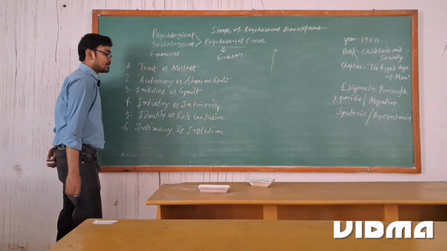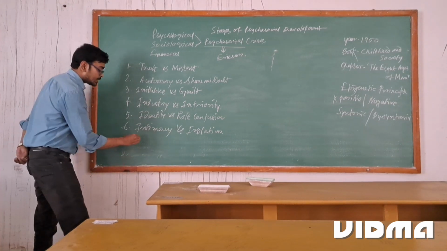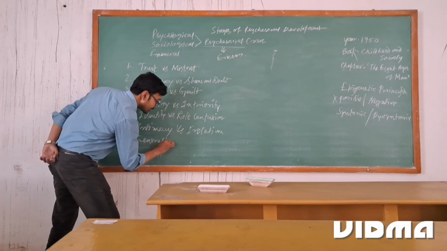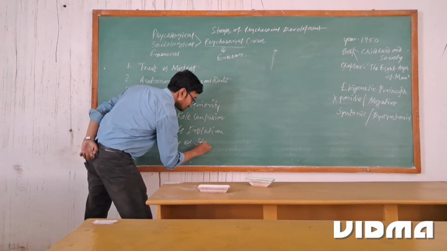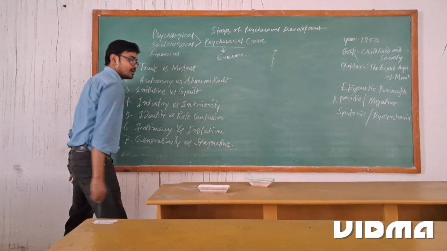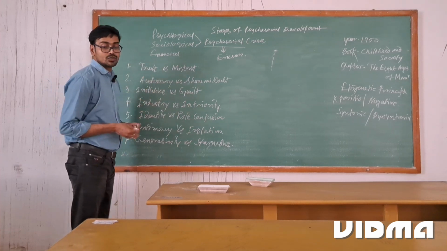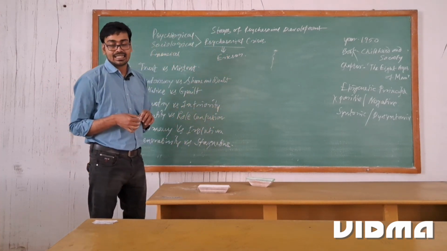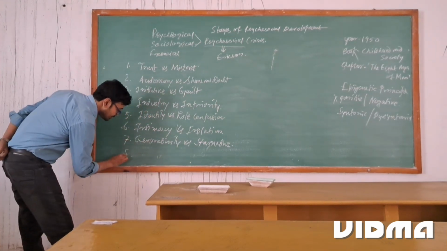The seventh is generativity versus stagnation. And what is the name of the last stage of this theory? The name of the last stage is integrity versus despair.